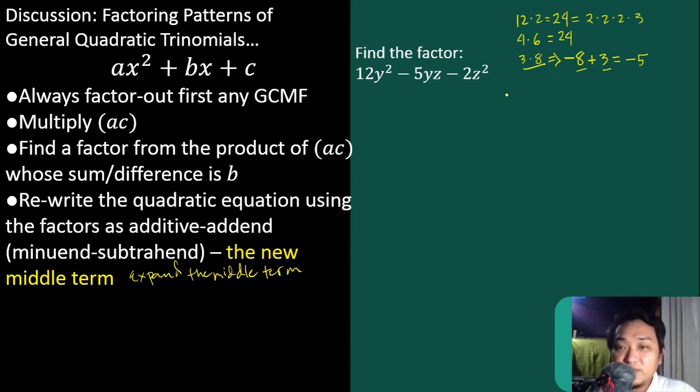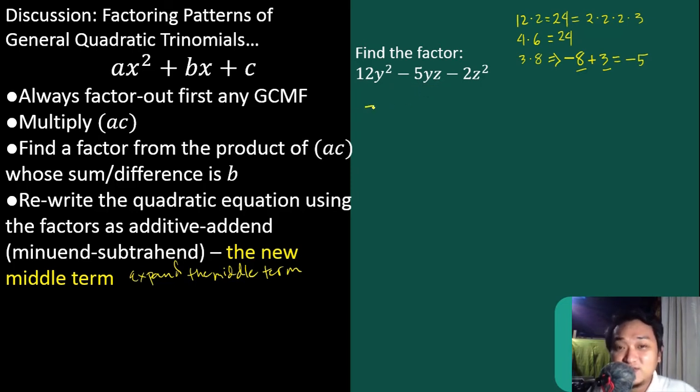We're going to expand the middle term with the help of those factors that we were able to find out. So again, what are those factors that we were able to find out? We can make use of 3 and 8 that is converted to negative 8 and 3. And itong negative 8 at saka si 3, ito yung gagamitin natin to expand negative 5 or negative 5yz.